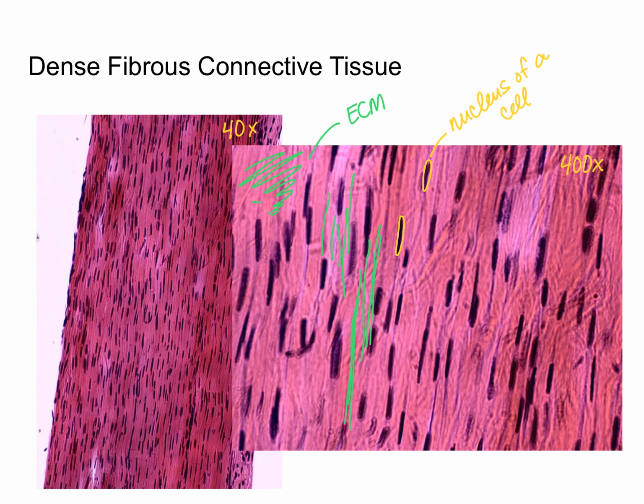And then we've got a ton of that extracellular matrix kind of packed in there in between the cells. And dense fibrous connective tissue would be found in things like tendons and ligaments. And a tendon connects muscle to bone, and ligaments connect bones to bones. So once again, their main function is to connect structures to each other.